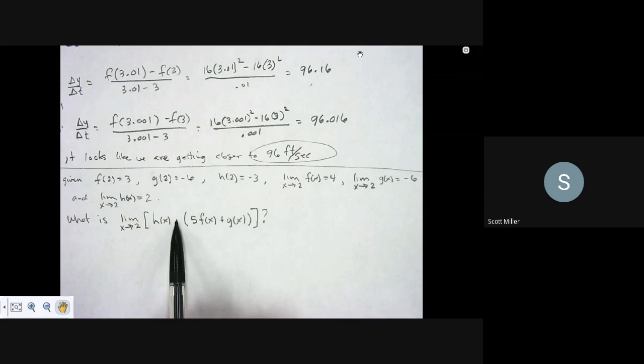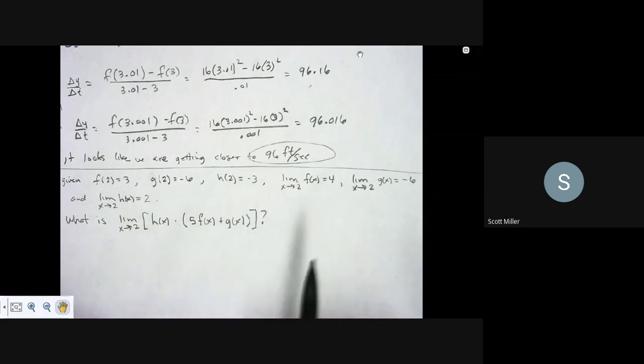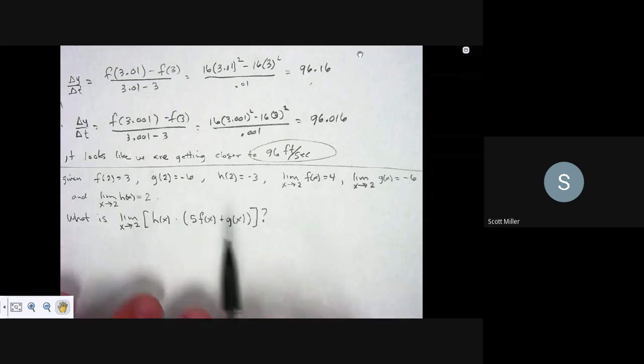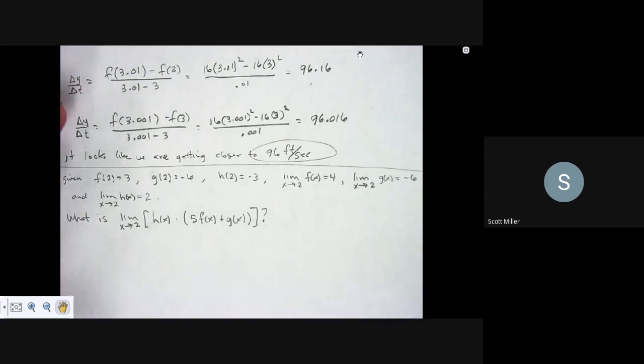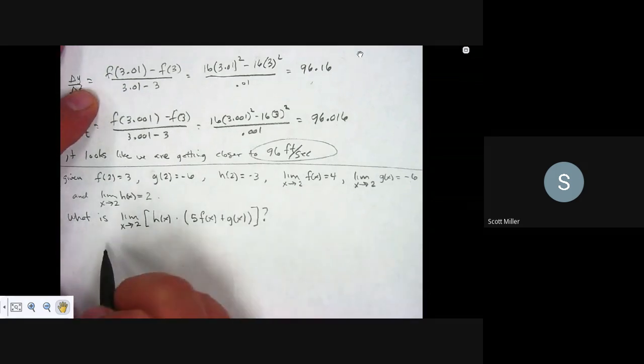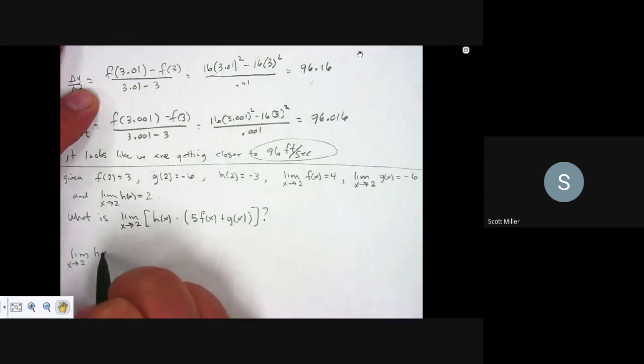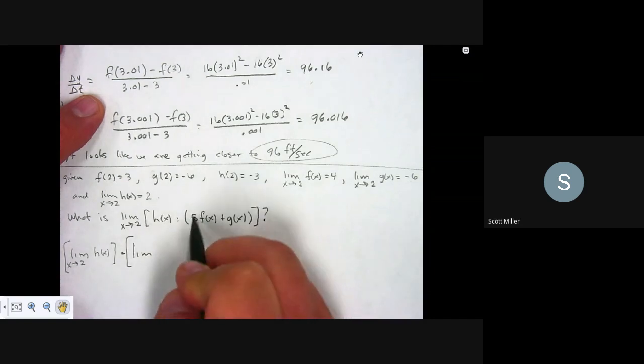So what's going on here? Well, I have a times in here, so I can use the product rule. I have a sum here, and a constant times the function here. So if I do that, I can look at this problem in this fashion. I can say this right here can be written as the limit as x approaches 2 of h of x, in parentheses, times, because of the times here, the limit of this one right here, the sum.